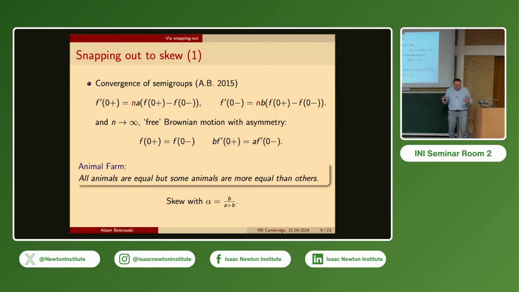So I was actually referring to Orwell's: all animals are equal, but some are more equal than others. Now we know this is simply skew Brownian motion. But this is not recent, almost 10 years ago. So there is still something to cover.